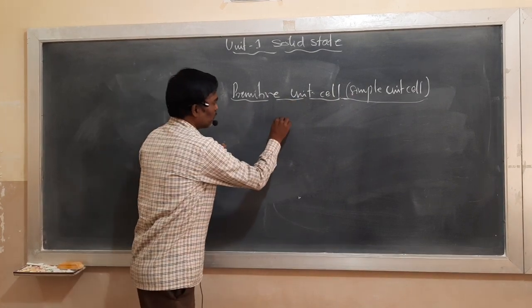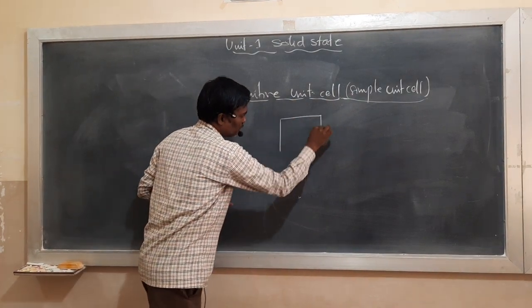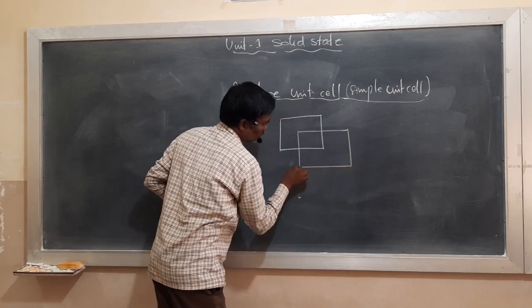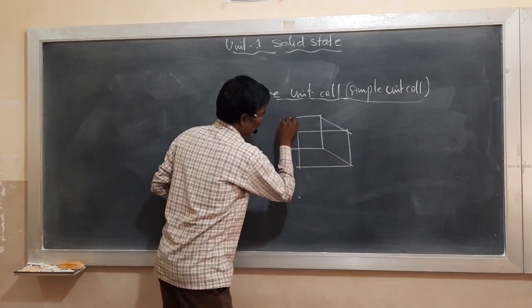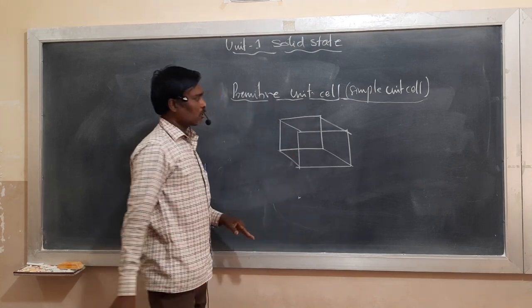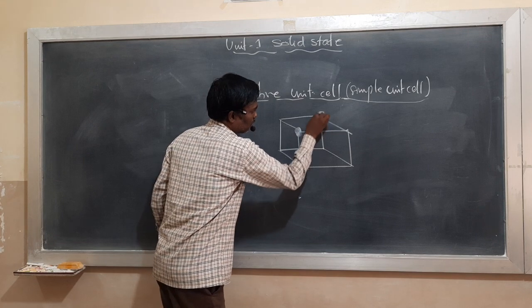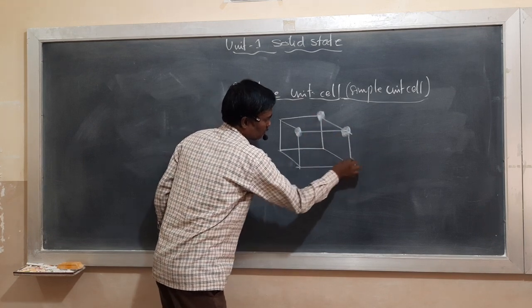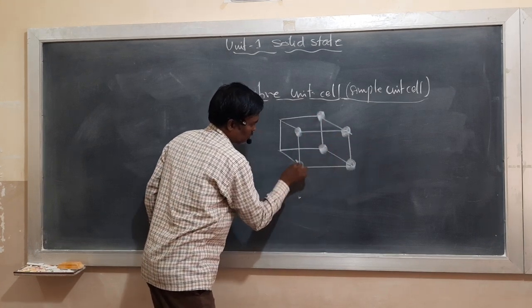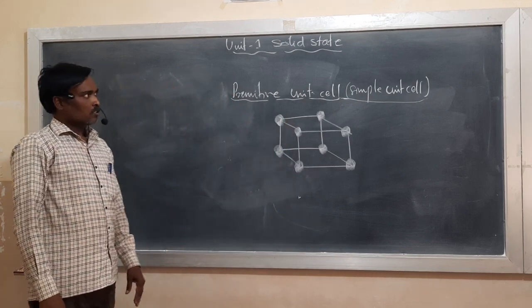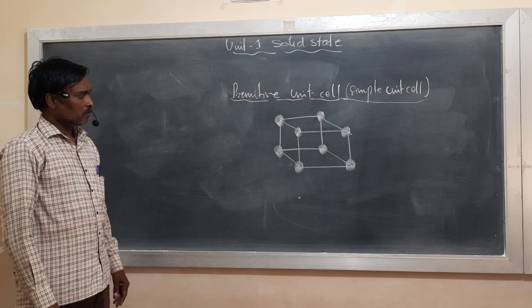So in the simple unit cell, the particles are present at the corners of that cube. This is the smallest portion of that unit cell. Here the constituent particles are present at the corners. Then that unit cell is called a simple unit cell.